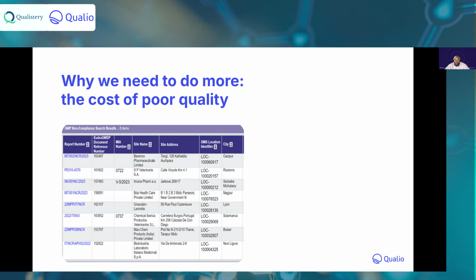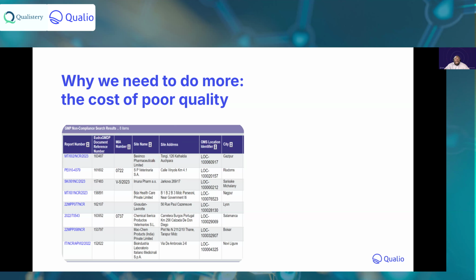And I know, speaking as a former consultant, the cost for remediating penalties, for paying a consultant, can range from upwards of $500 an hour.